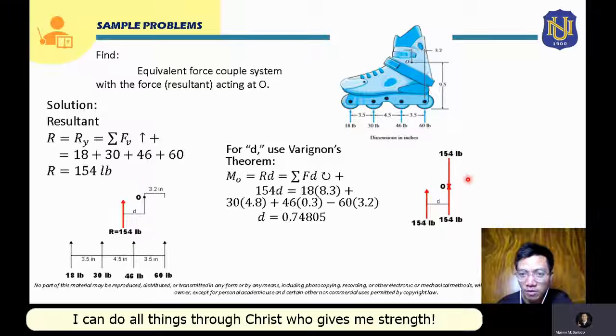So we will add 154 pound here. This 154 pound force that we have added and the original 154 pound force will produce a couple. What will be its direction? It will be clockwise.